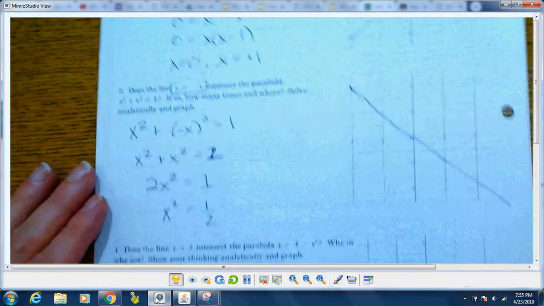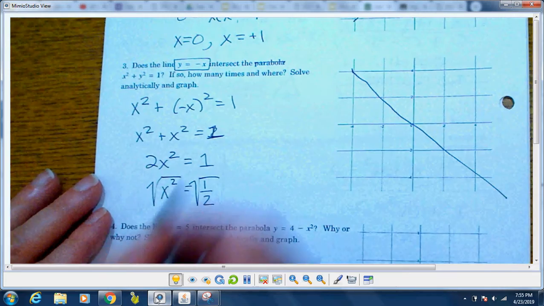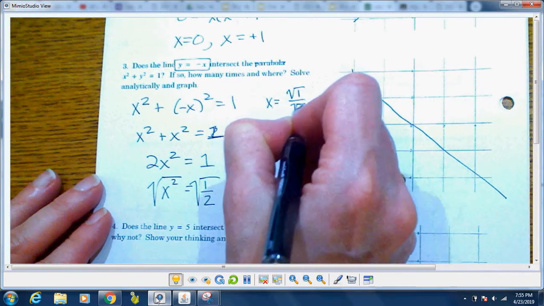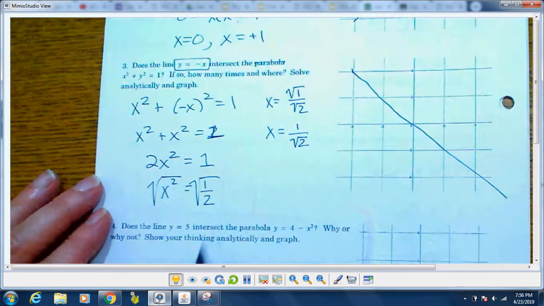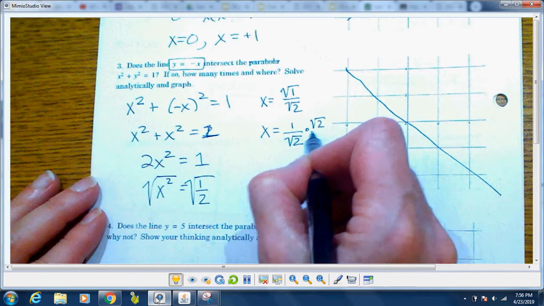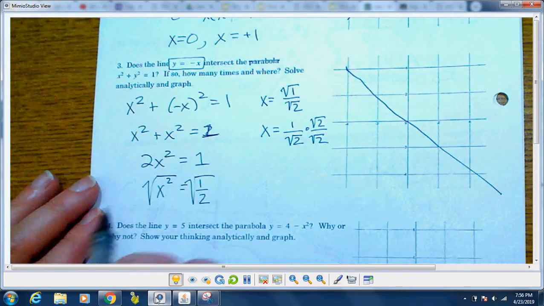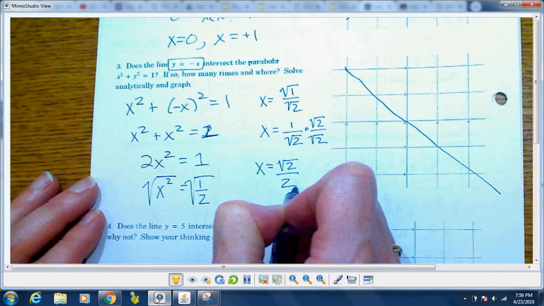Now I have to square root both sides. So x equals the square root of 1 over the square root of 2. But we can't have a radical in our denominator, so we multiply by itself in the numerator and the denominator. So I get x equals square root of 2 divided by 2.